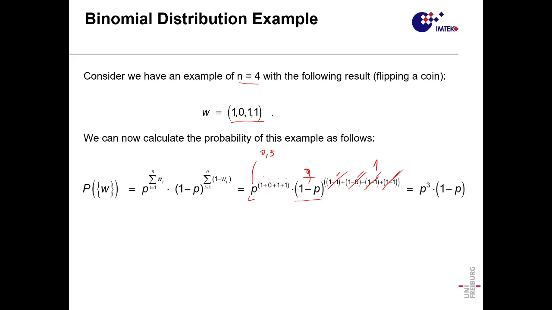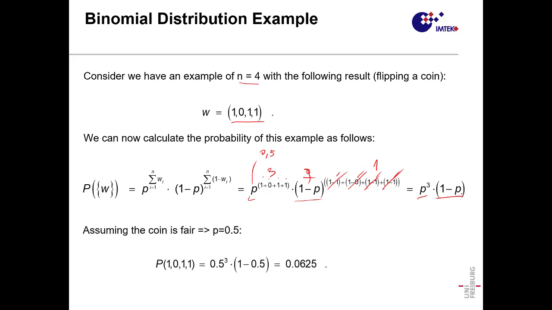And then you have 1, 2, 3, this is a 3, so P to the 3 times 1 minus P. Depending on your P, that is the probability to get this event from repeating the coin flip many times. If you say 0.5, then the probability will be 0.06. If the probability P is 0.1, then you will get a different number. So that's the way to calculate, for example, a certain series of events to happen when you have only 2 outcomes.